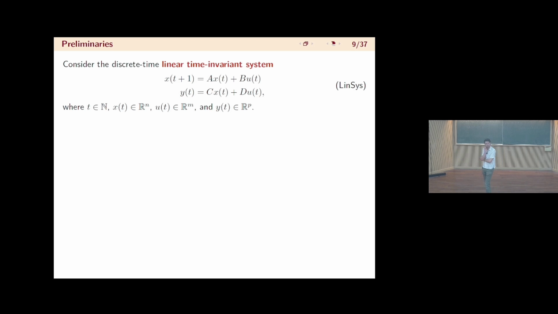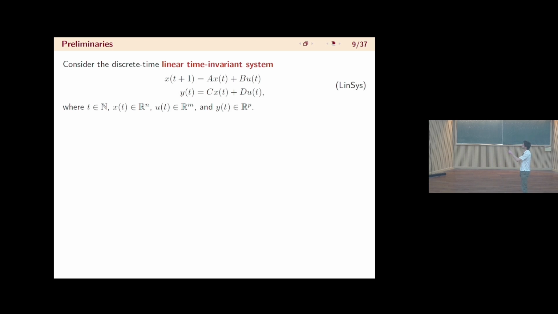Now let's talk about systems. So I'm going to consider discrete time linear systems of the following form. U here is the input of the system, that is m-dimensional. X is the state of the system, which is n-dimensional. And Y is the output of the system, that is p-dimensional.